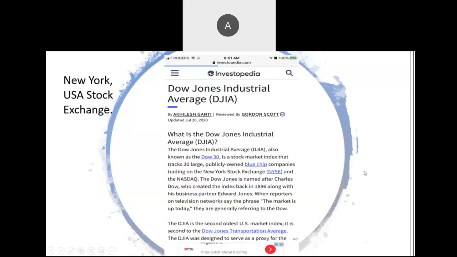The Dow Jones is the US stock exchange based in New York. When people refer to, in North America for sure, oh, the stock market was up, the common reference is to the US stock market because it's one of the largest stock markets on the face of the earth. And the US is the largest economy on the face of the earth.